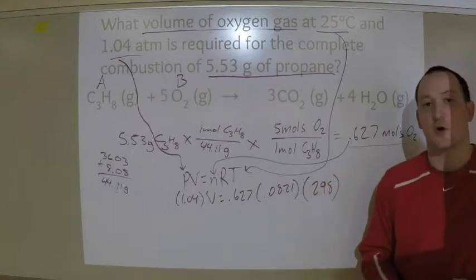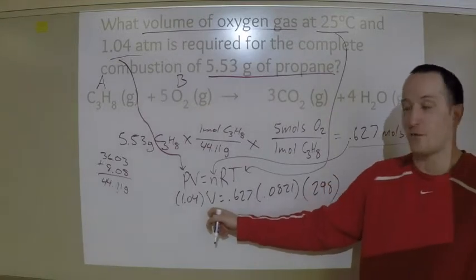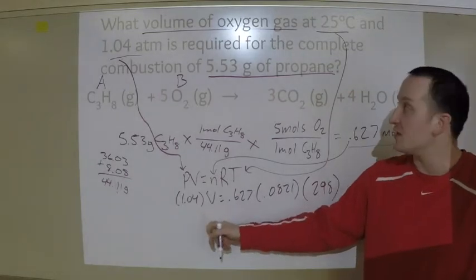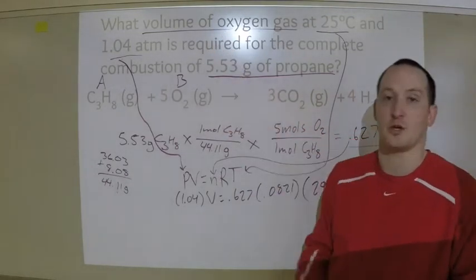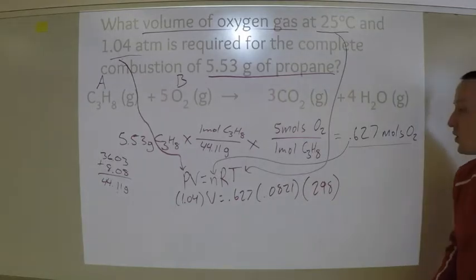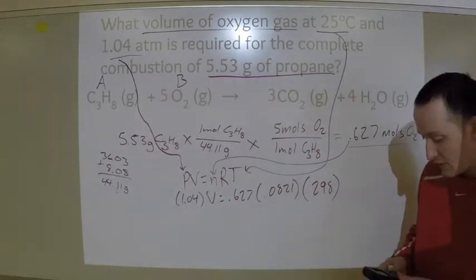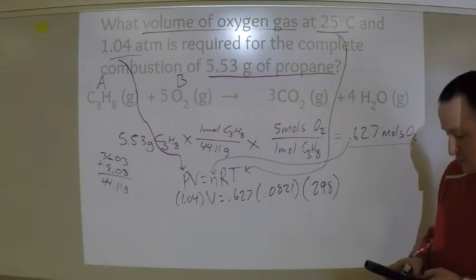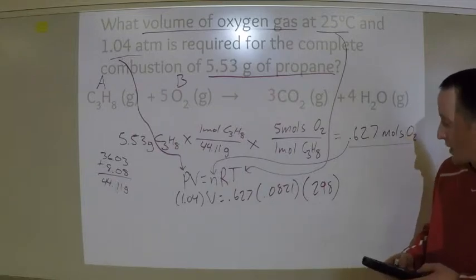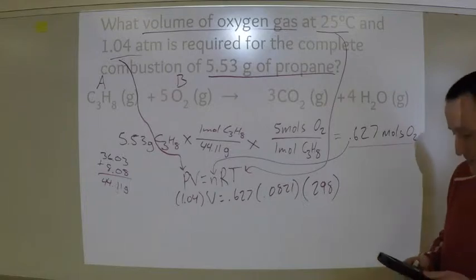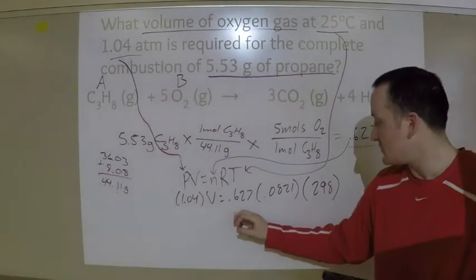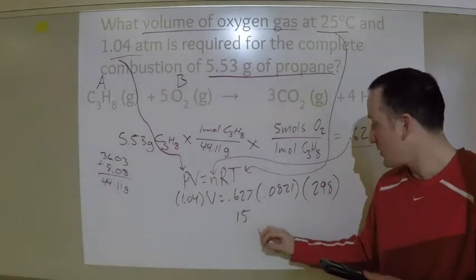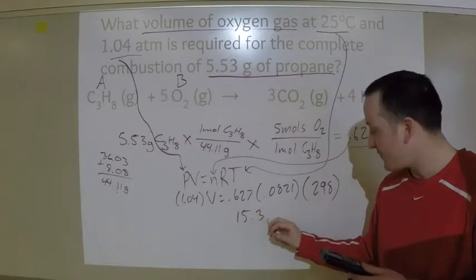And now I solve this equation, and I'm solving it for volume, because the question asked me what volume of oxygen. So I'm going to solve this side first. I have 0.627 times 0.0821 times 298, and this side gives me 15.34.